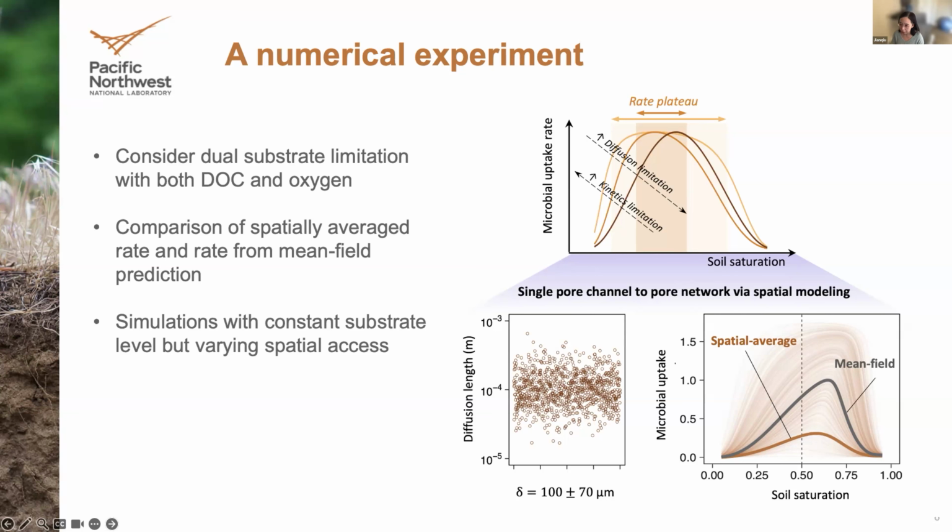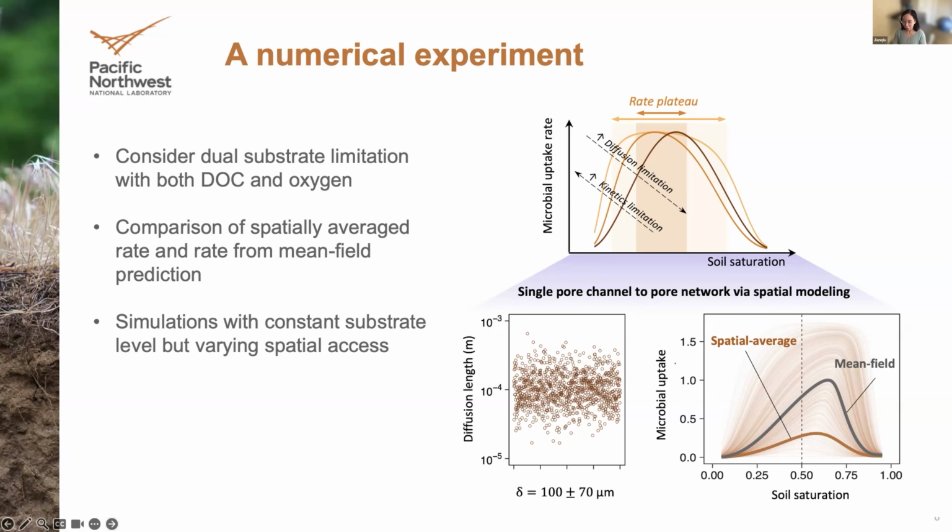They're always different, and more importantly, this spatially averaged behavior is always lower than the mean estimation. This could provide an explanation for why, yes, the theory works, but across different soils, different sites, and different measurements, they tend to vary, and diverge from the curve, because we're always trying to do these bulk-based estimations.